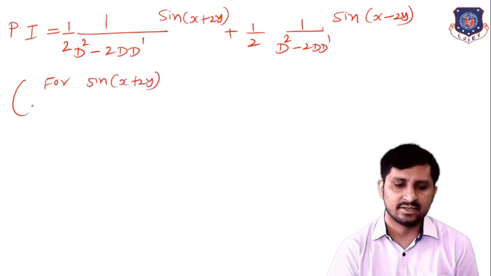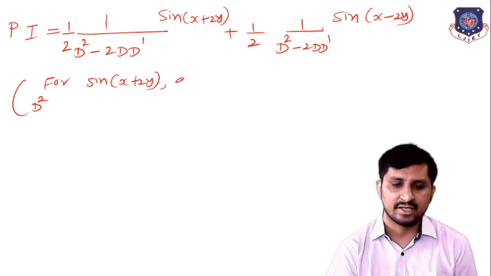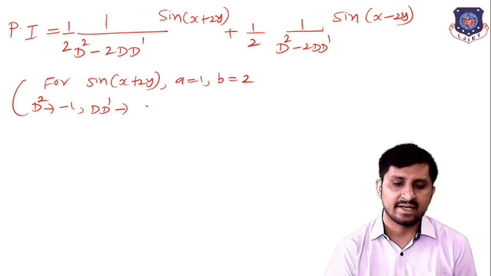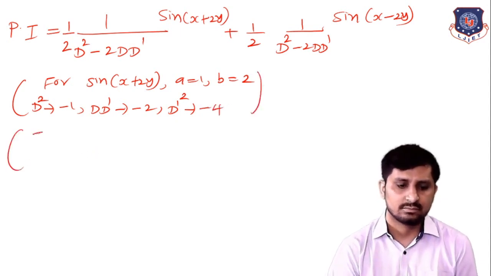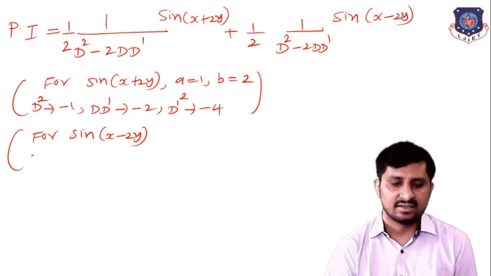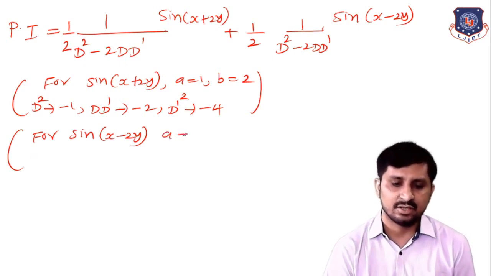You have to apply this rule for D square, because for that A is equal to 1 and B is equal to 2. So instead of D square you have to take minus 1, instead of D into D dash you have to take minus AB, so that is minus 2, and instead of D dash square you have to take minus B square, so that is minus 4. For sin(x minus 2y), A is equal to 1 and B is equal to minus 2.